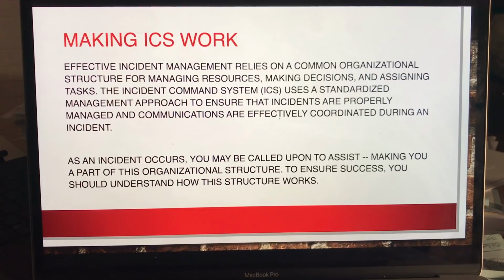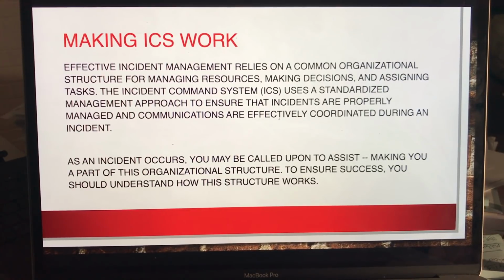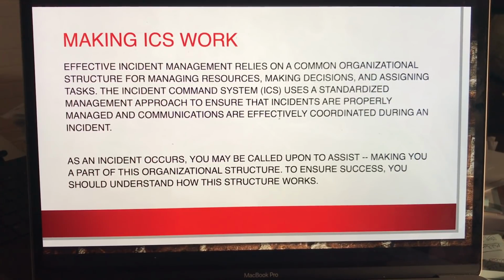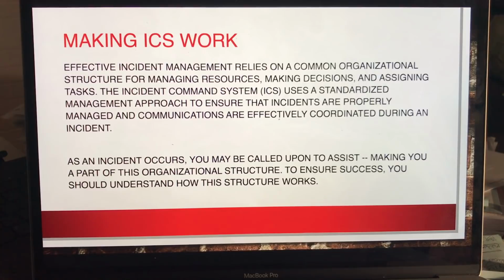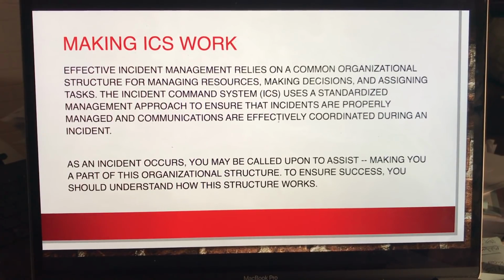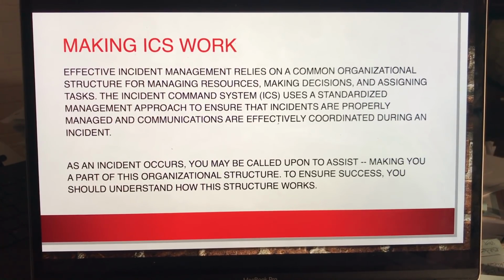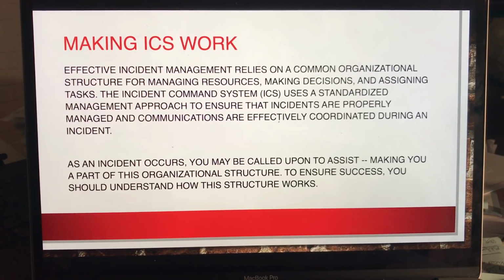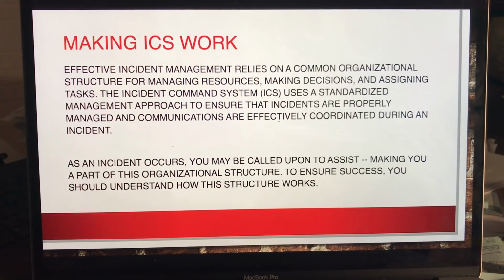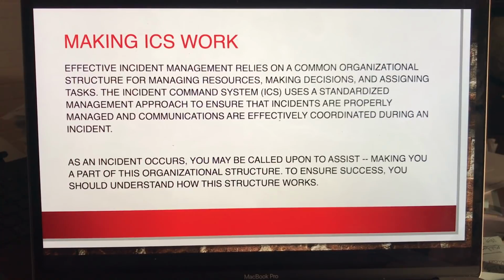The incident command system uses a standardized management approach to ensure that incidents are properly managed and communications are effectively coordinated during an incident. As an incident occurs, you may be called upon to assist, making you a part of this organizational structure. To ensure success, you should understand how this structure works.